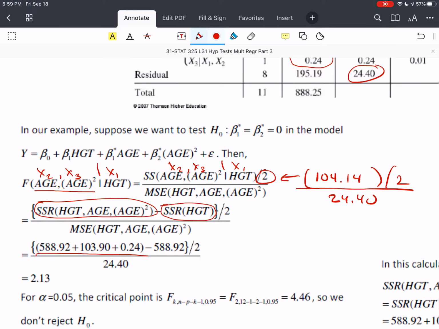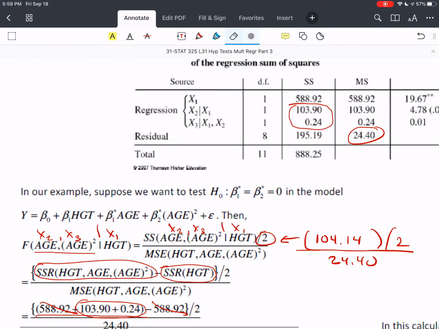But I just want to point out that you can get the same value, that this and this cancel out. So you end up with this, which is what I put here. So there's 2 different ways to think about this or to get this number. And you need to know both because you may not have a nice table like this given.